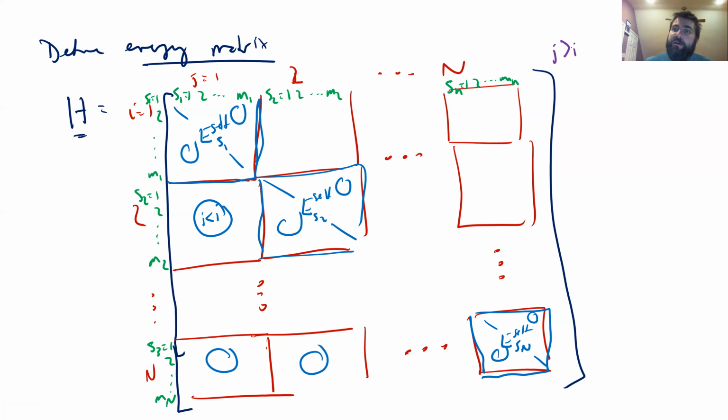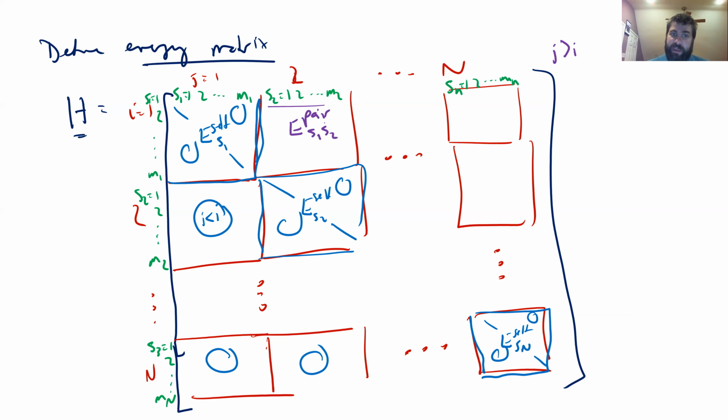And this is where our pair energies come in. In each of these matrices, these are not diagonal matrices. These are full non-sparse matrices that include all of the pair energies. This first matrix will involve all of the pair energies between choices at position 1 and choices at position 2.